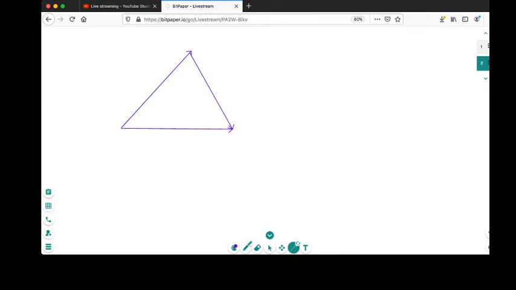And we know from other years of school that a triangle has 3 angles in it, and these angles should add up to 180 degrees. So we'll call this angle A, angle B, angle C, and we know that the rule here is that A plus B plus C equals 180 degrees.